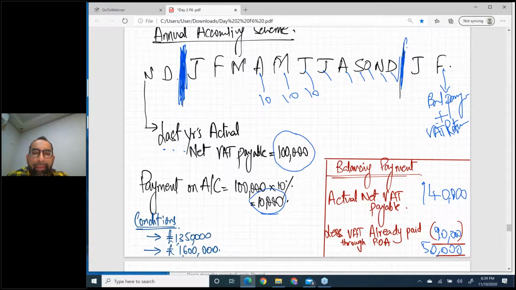And don't forget, if you are following this scheme, you have to pay VAT through POA. And how is POA calculated? Using the last year's actual net VAT payable.